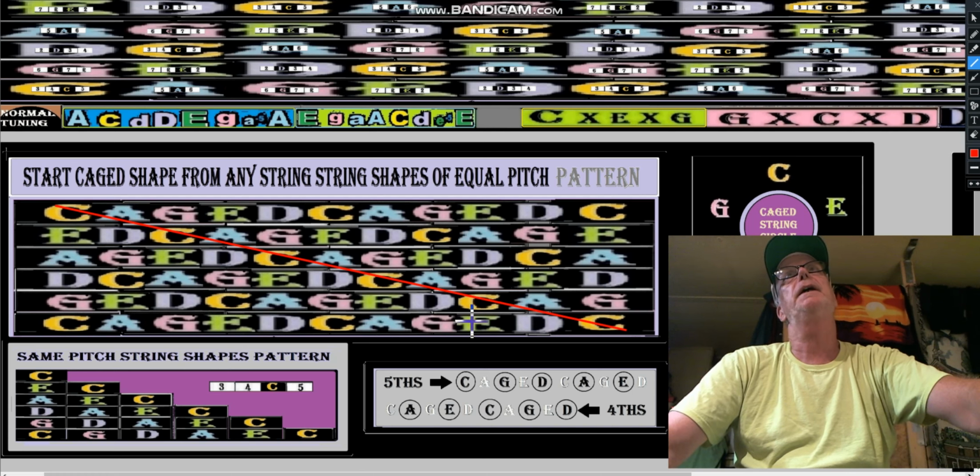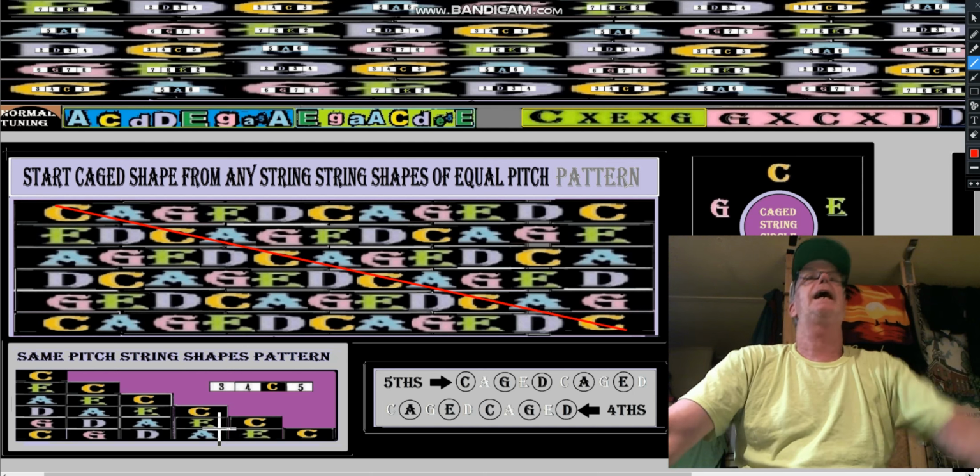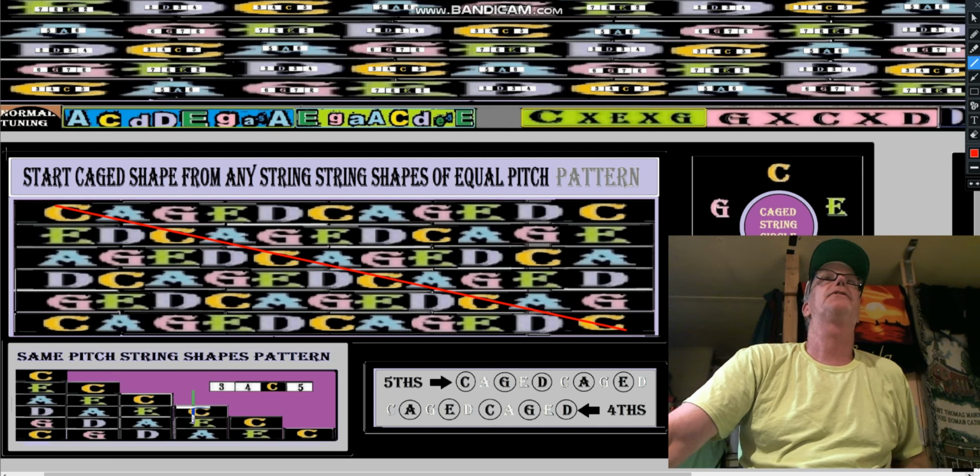A, then we go A to E, then we go the augmented to the C. So that's why we only got halfway through this thing. We got to the C that was one up right there. We got this far on that one before we mixed up this one with this one.